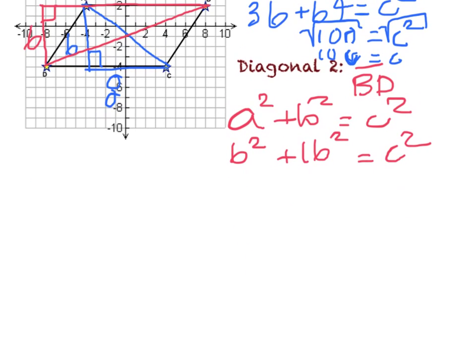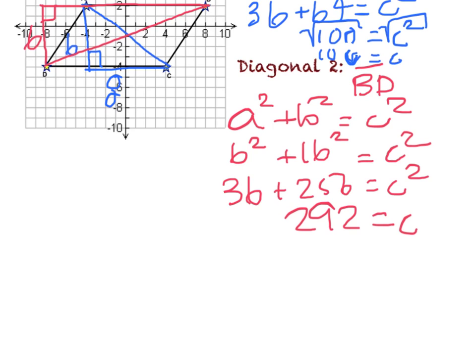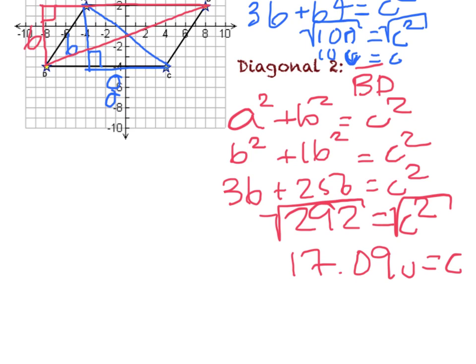Then from there, I'm going to get 36 plus 256 equals c squared. The sum of those two numbers is 292 equals c squared. And then, of course, I take the square root of both sides. So I'll get about 17.09 units equals c.